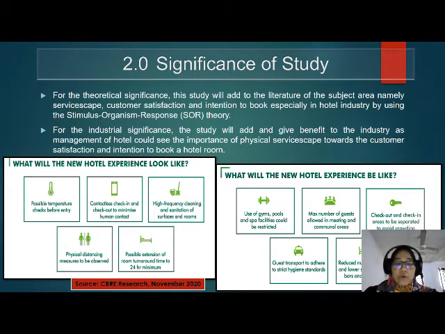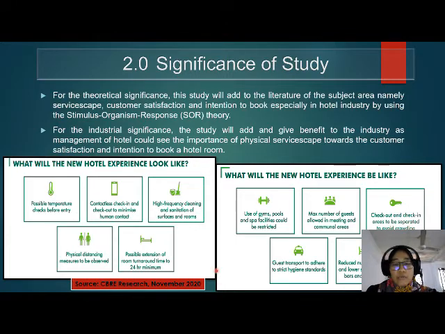Now, these are some of the additional information from CBRE research on November 2020. They highlighted some of the elements. What will the new hotel experience look like? If you can see here, for example, number 1, possible temperature checks before entry. Physical distancing measures to be observed.